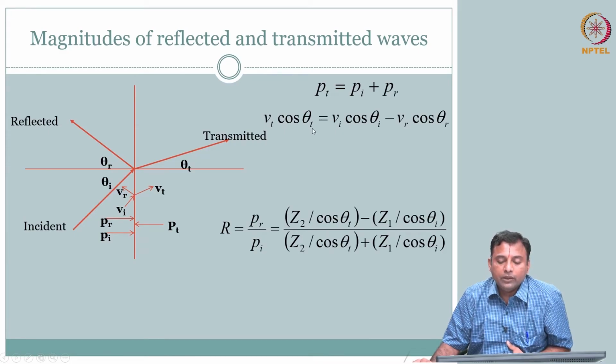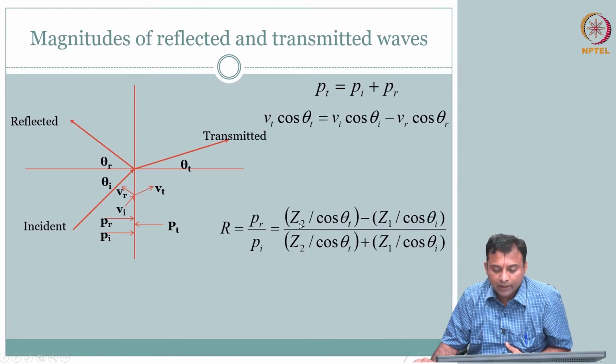Okay, so you can then do a subtle rearrangement. We know the relationship between pressure, velocity and impedance, right? One side it is Z1, the other side it is Z2, correct? So we could use that relationship and write it in this form. I think there are several ways of writing it.